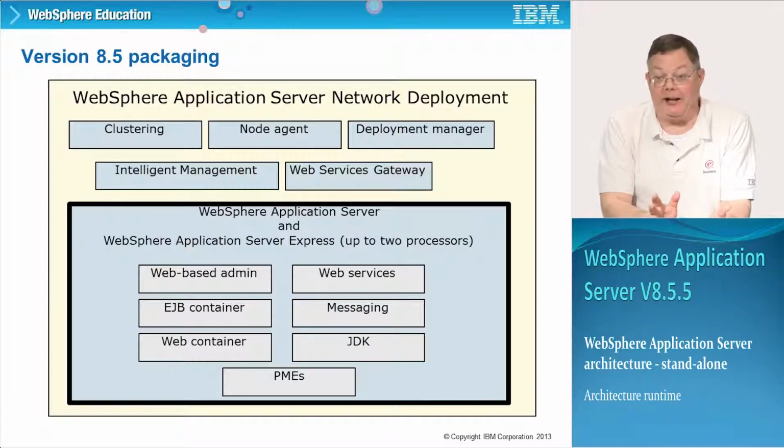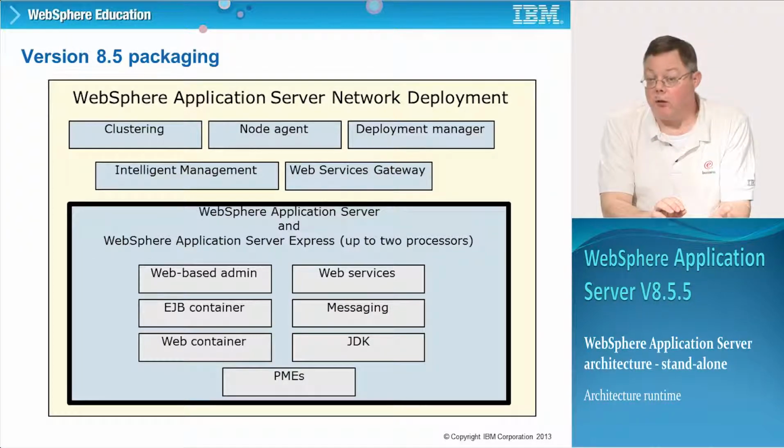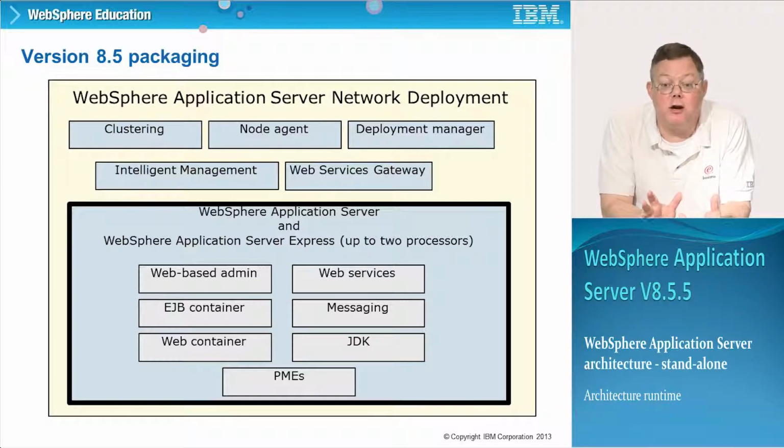The EJB or enterprise container, which is where you would deploy your enterprise Java Bean components containing your application business logic, as well as some additional features to run all this. For example, the web-based administration or the ISC console, or the wsadmin command line tools that you can use to run and administer a WebSphere Application Server instance. They're shared across all of them, as well as PMEs.